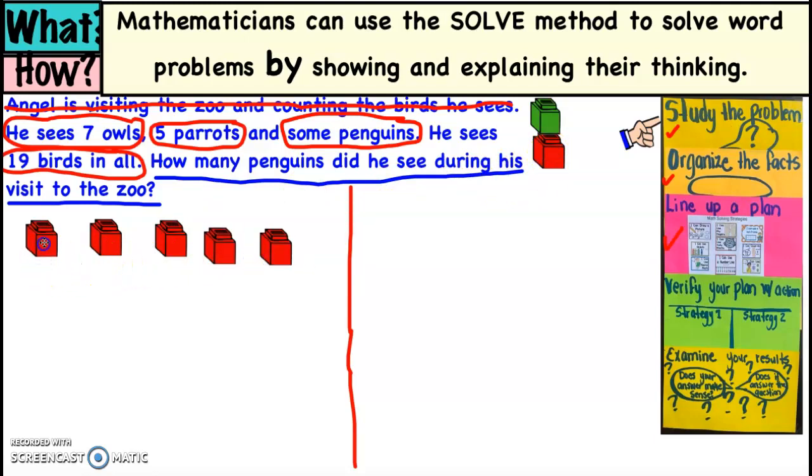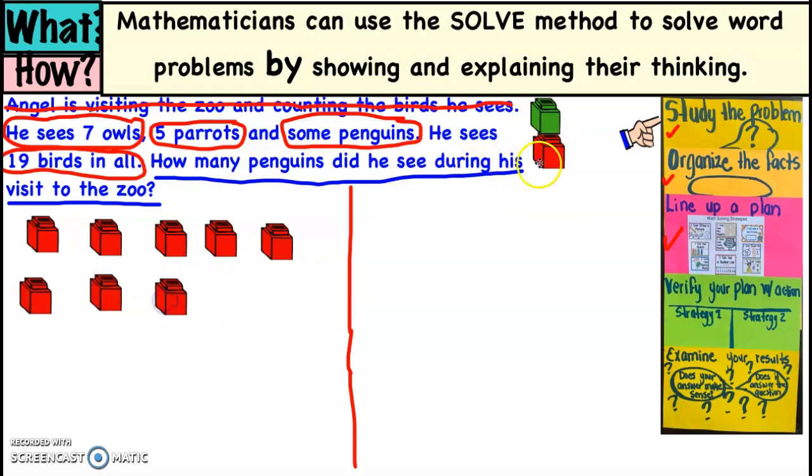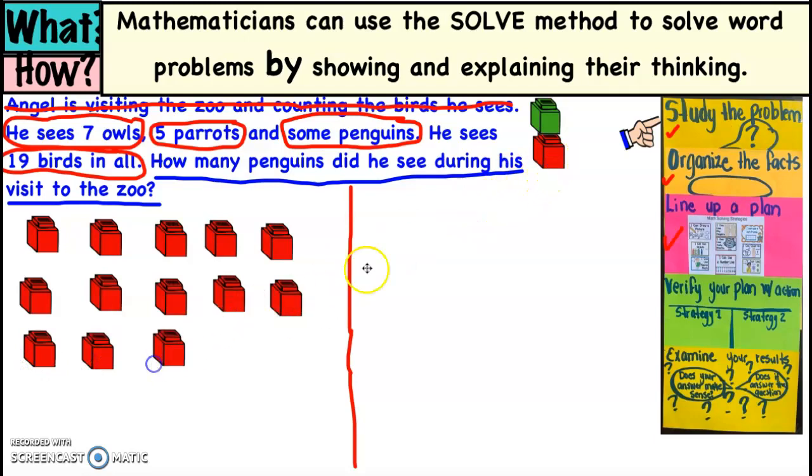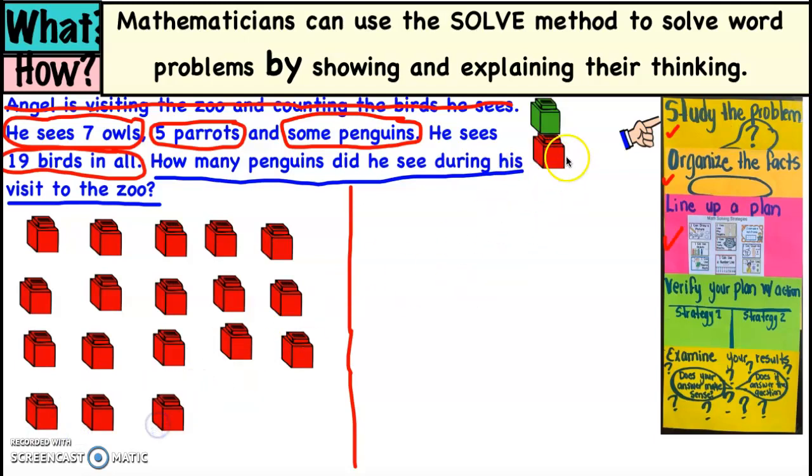I'm going to put them in groups of 5s because it's easier to count. 5, 6, 7, 8, 9, 10, 11, 12, 13, 14, 15, 16, 17, 18, 19.